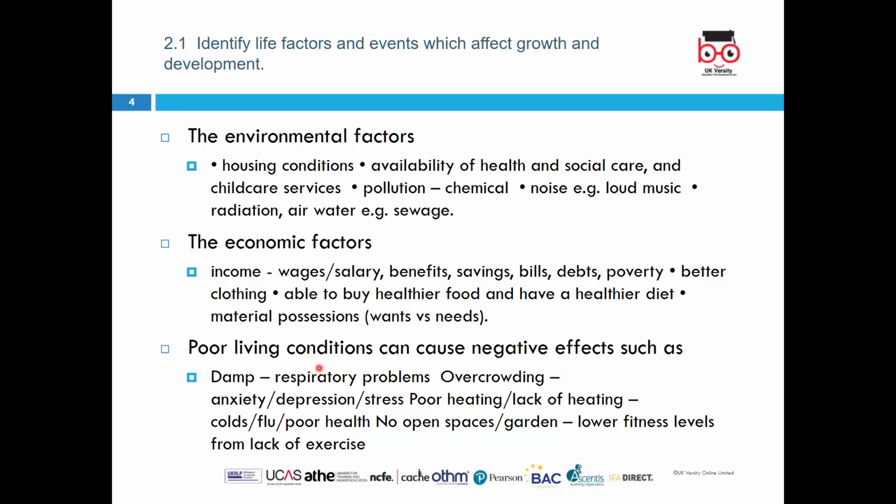Pollution includes noise pollution, air pollution, and water pollution. Economic factors include income, wages, benefits, savings, bills, debts, poverty, clothing, and food, because you can afford food. There are material possessions, things that you want, and things that you need.